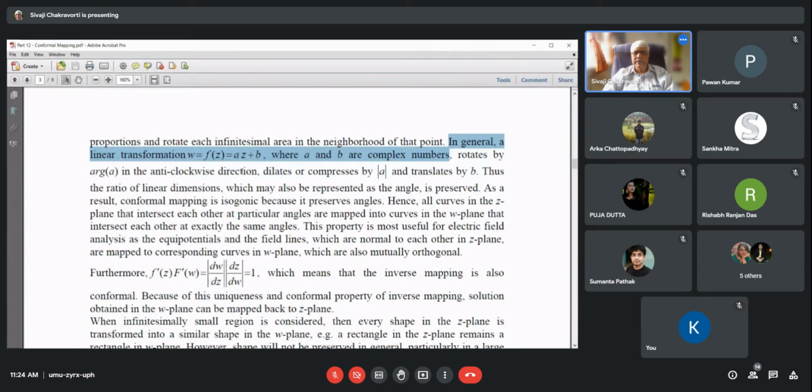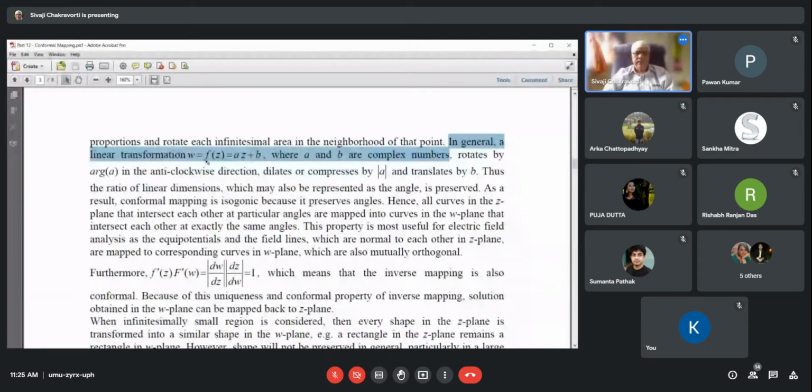Then what is happening? When you multiply z by a, and a is a complex number, you are multiplying the magnitude by the modulus of a. But this a, being a complex number, has an argument. So when you are multiplying z by a, you are rotating it by the angle given by the argument of a in the anticlockwise direction.